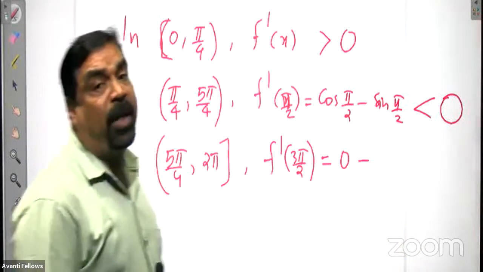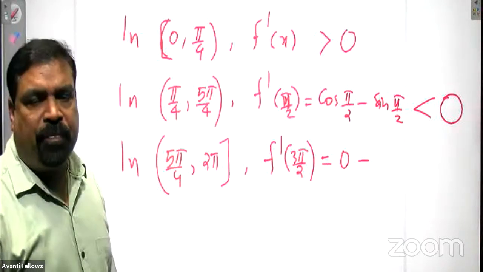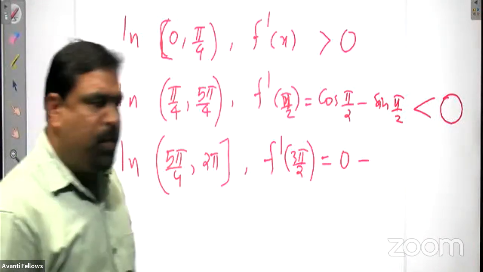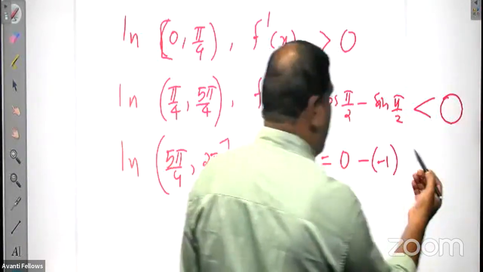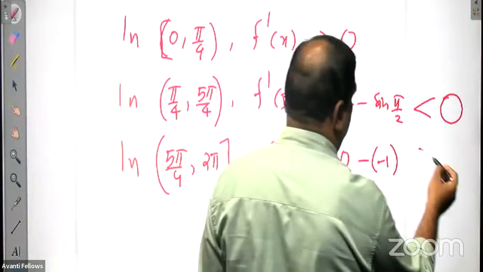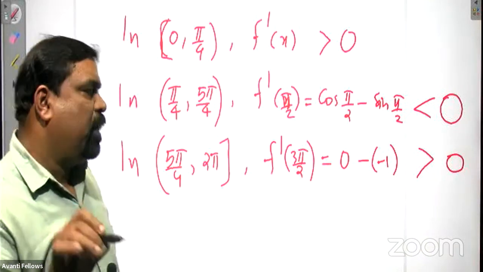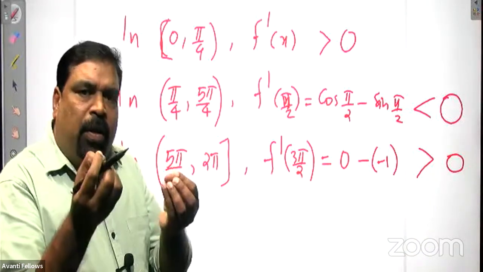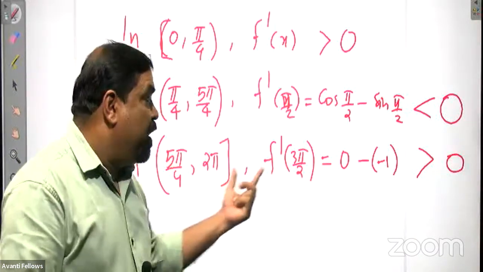And what is sin 3 pi by 2? Minus 1. So what you will get ultimately? 0 plus 1, and 0 plus 1 is positive. Anyway, we have to identify the sign. For that, you take some particular value so that you can easily find out the sign.